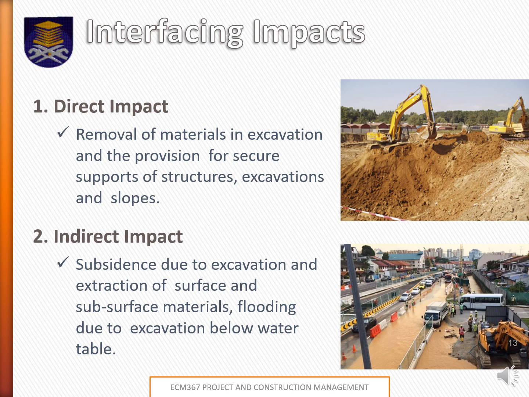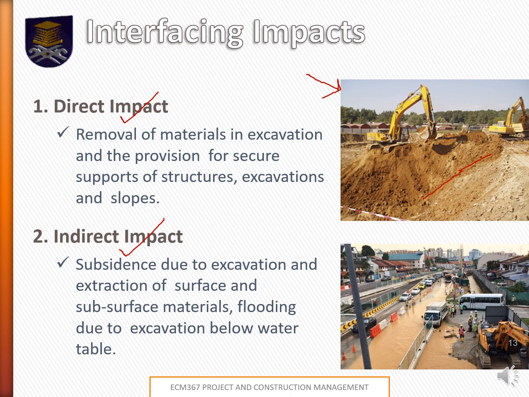It can be classified into two, the first one is direct impact and the second one is indirect impact. Direct impact means that it happens on the spot. For example, by looking at these pictures, what can you see? The excavator is being used to excavate the soil, and there is a slope.